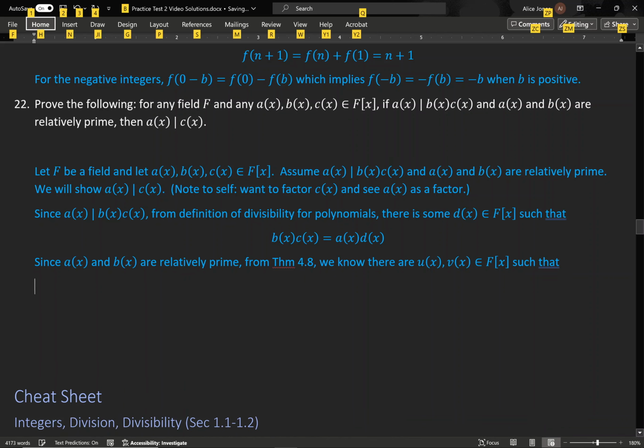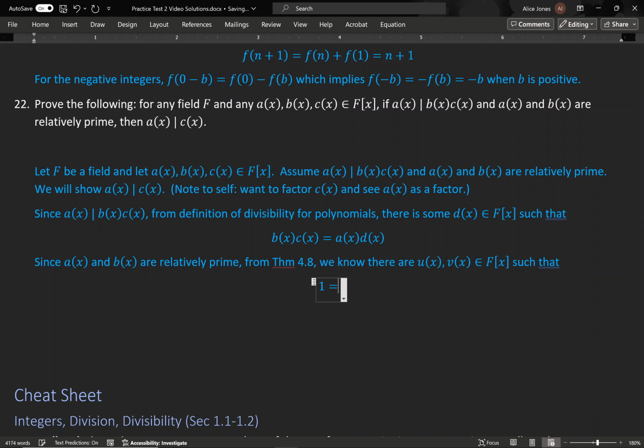So what we get is that 1 equals this linear combination: a(x) times u(x) plus b(x) times v(x). My thumbs are getting all fumbly, and that's why I need to stop after this problem.